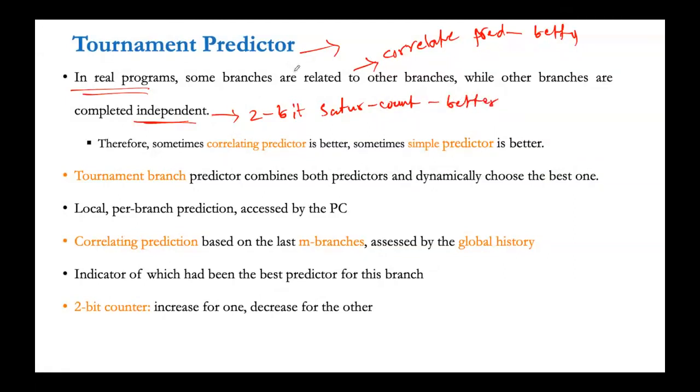So sometimes the correlating predictor is better and sometimes the simple 2-bit saturating predictor is better. Tournament branch prediction combines both predictors and dynamically chooses the best one.